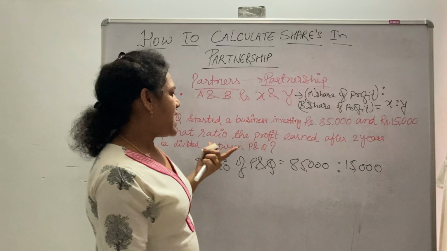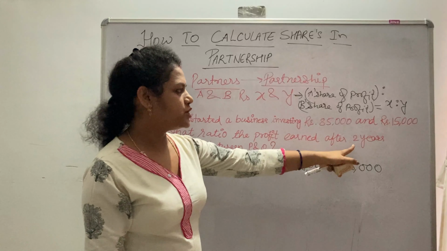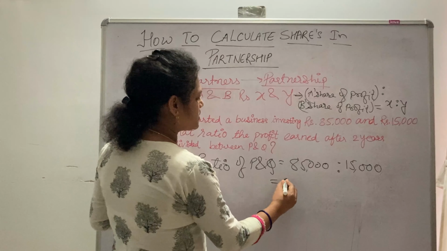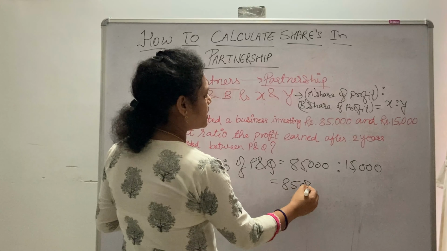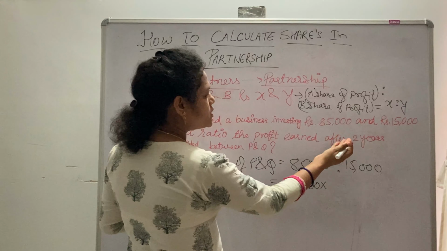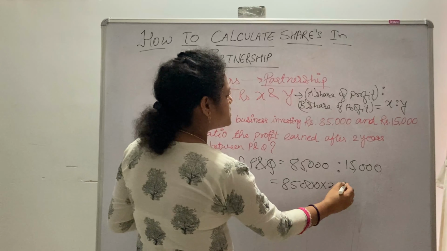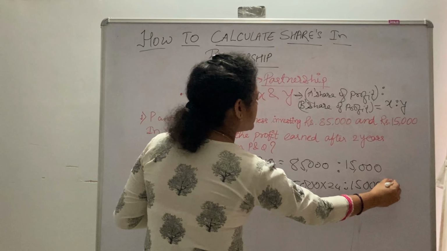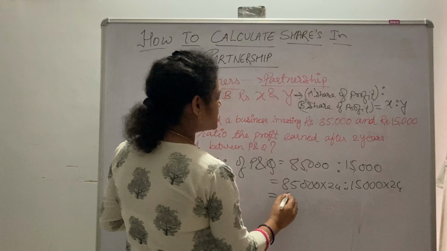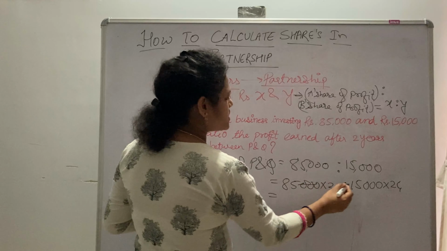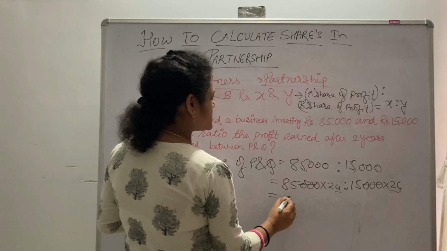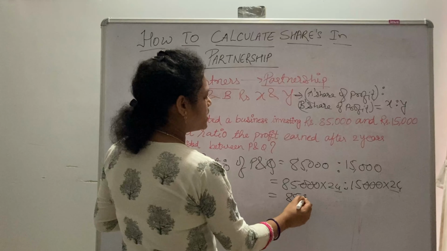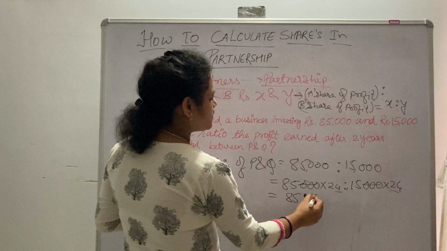As it is for 2 years, I can say again 85,000 into 24 months is to 15,000 into 24 months. The 0s get cancelled, the 2s get cancelled, what is left is 85 is to 15.